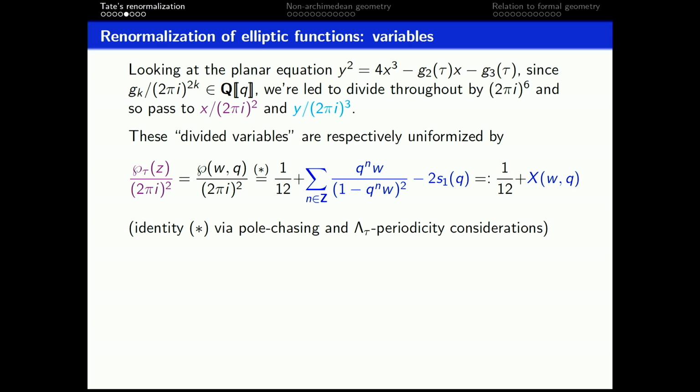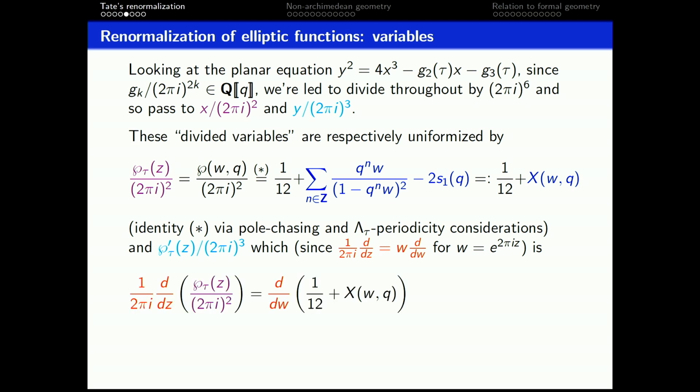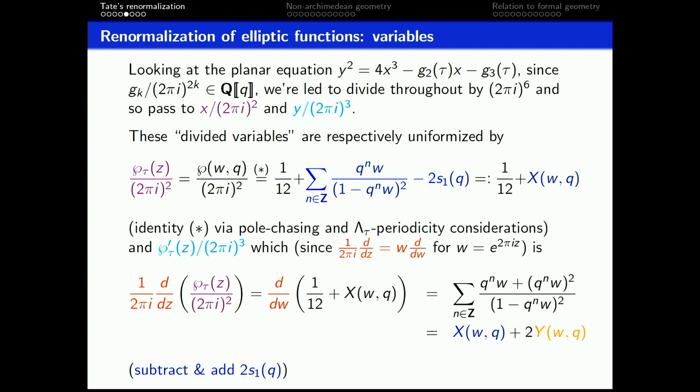It has the nice feature that when you expand it out in Q and W, it's an integer power series in both variables. On the other hand, the y part, which is the z derivative, well, z can be written in terms of w at the derivative level using this relation. And so then we can likewise calculate this by simply taking the 2 pi i cubed, pulling out one factor, leaving ourselves with the thing that we've already calculated, and then we transform it into w, and then we compute, and we do a last maneuver.